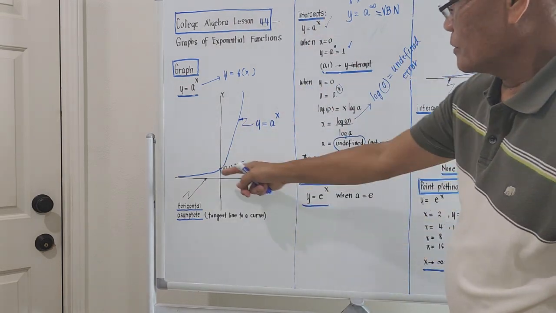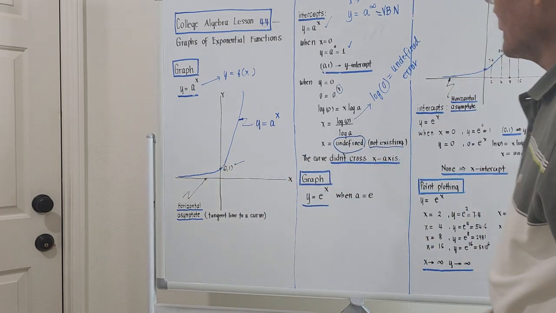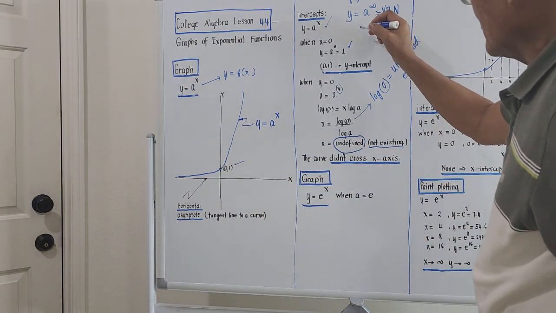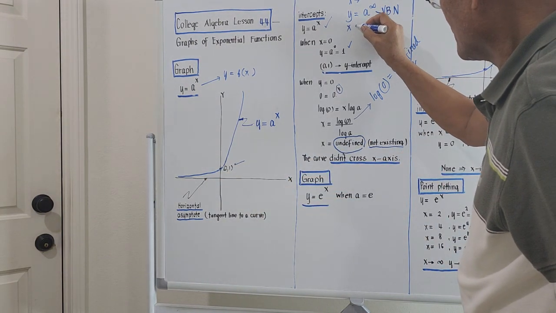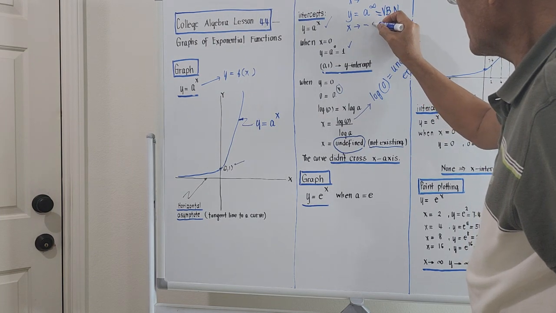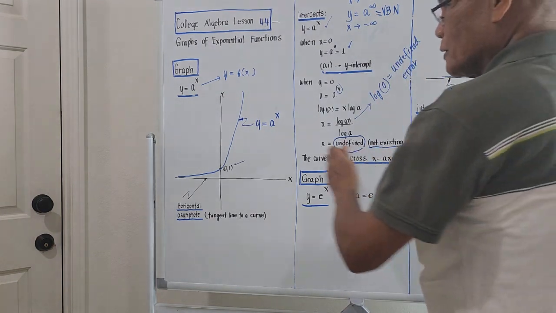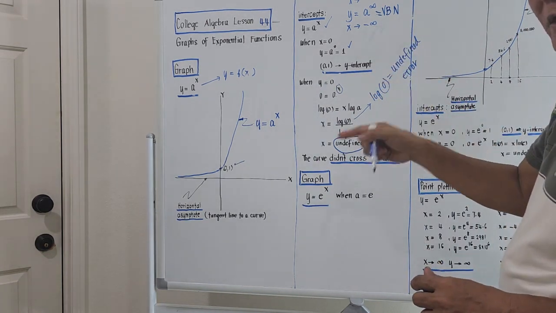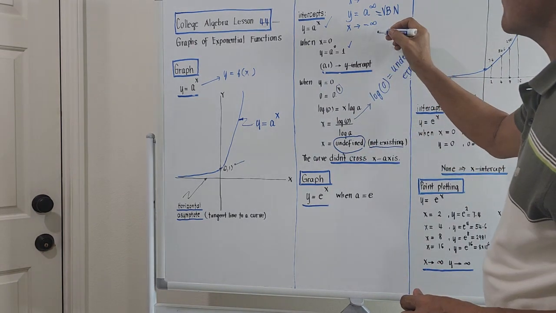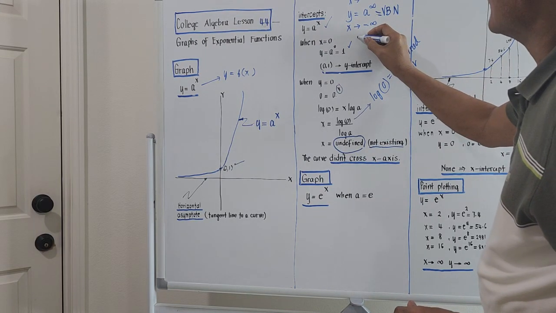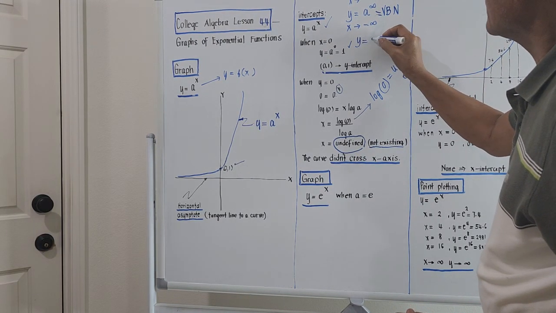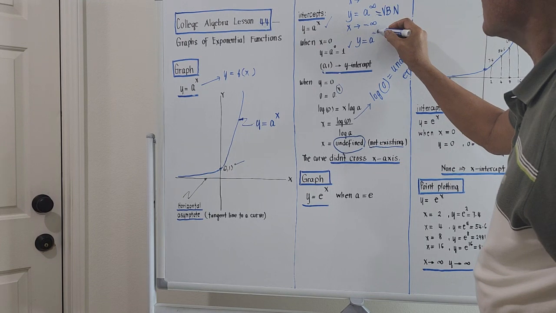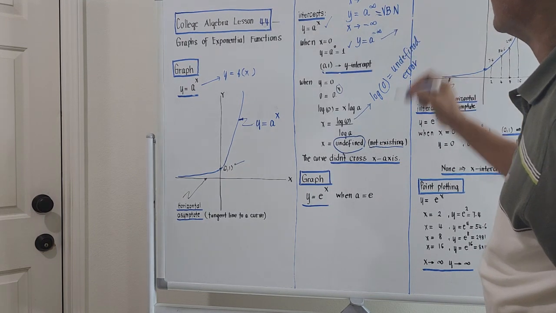How about the left side? If x approaches negative infinity, meaning we are going to the left, negative infinity is a very, very small number. So if you place y equal to a raised to negative infinity, what will happen?